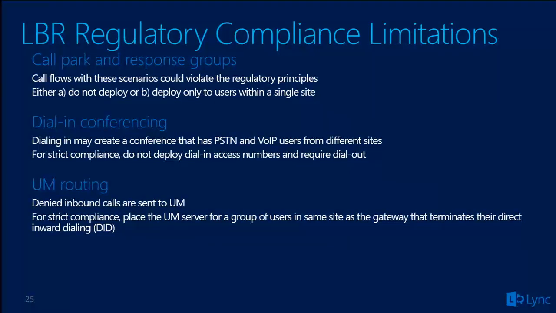But if the user is still in Sri Lanka, he has not moved, let's say, to Toronto, then the call forwarding which happened in the same location, same site, still complies with the law, because he's going to use the local gateway, which Sri Lanka wants to use. That is fine. As long as they are using the same gateway, which belongs to the same site, there is no issue. Is it clear?